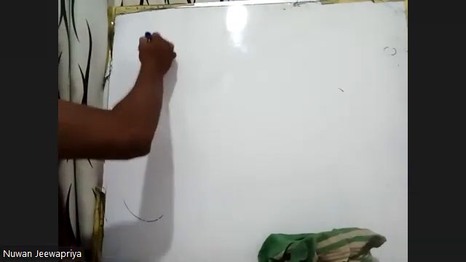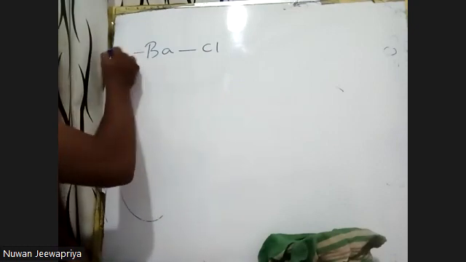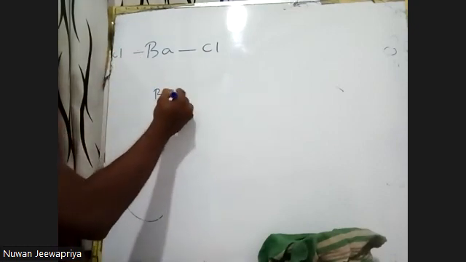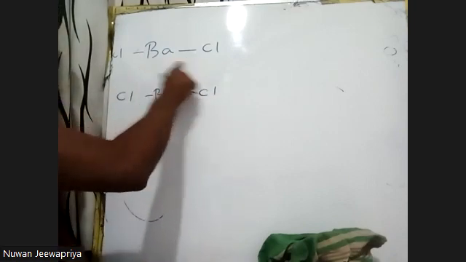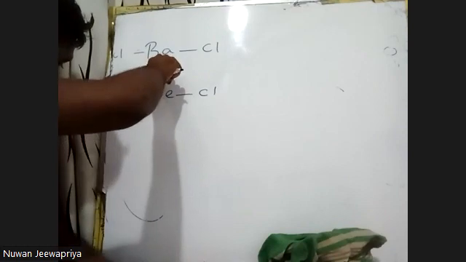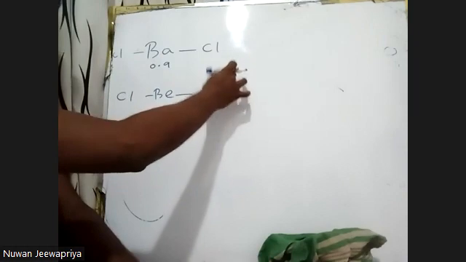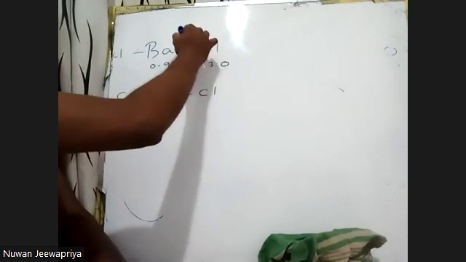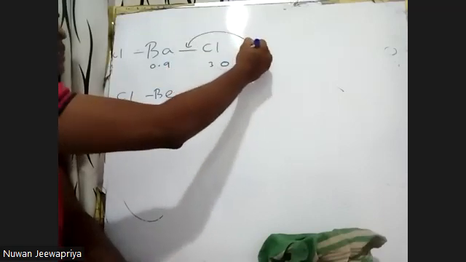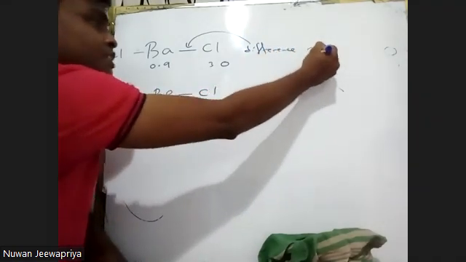They are asking about barium chloride. Barium chloride, right. It's like this, and the beryllium chloride also like this. When I consider one of these bonds, the barium value is 0.9, right? Chlorine value is 3.0. So the electronegativity difference is 2.1.